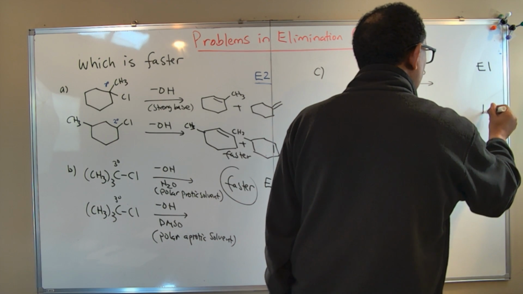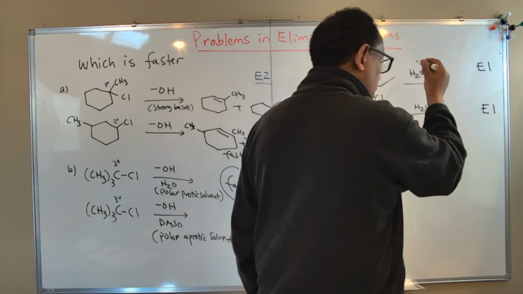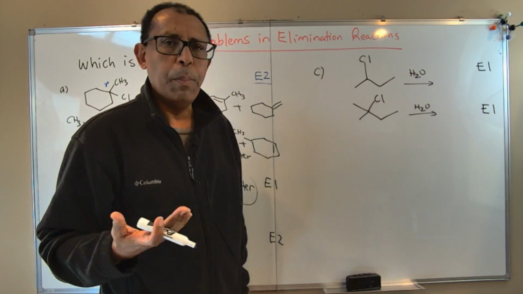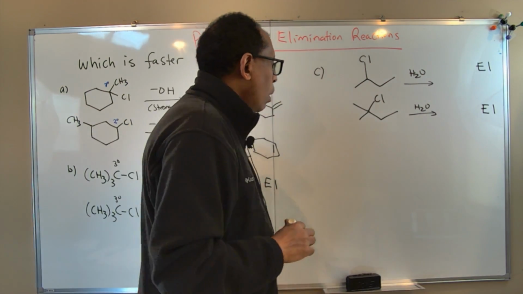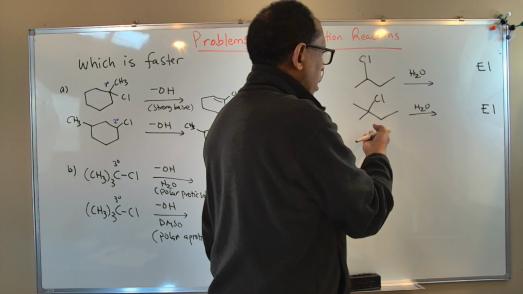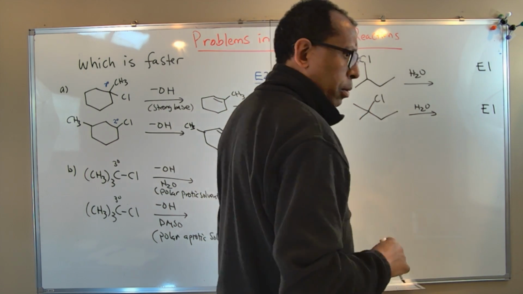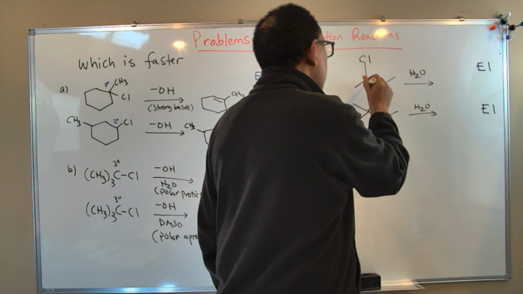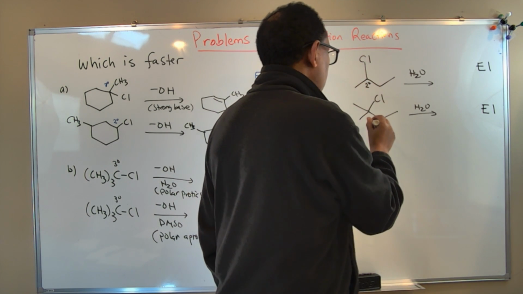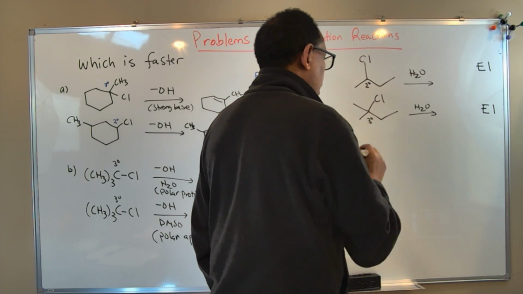So here, E1 mechanism for both, because we have a very weak base. So let's now characterize the alkyl halide. The alkyl halides are also different. Here I have a secondary alkyl halide. Here I have a tertiary alkyl halide.